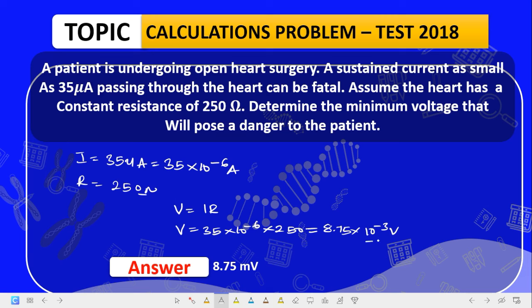Now, minus 3 means milli, okay? So we can say 8.75 millivolts. And that is the correct answer in your list of options that will be given to you.